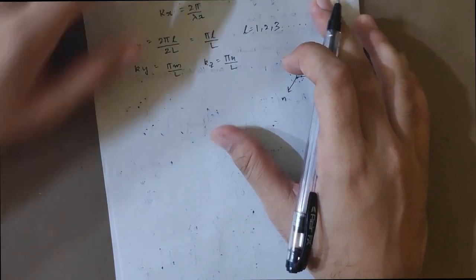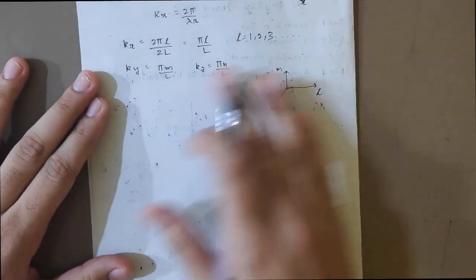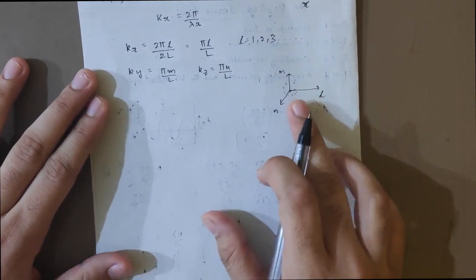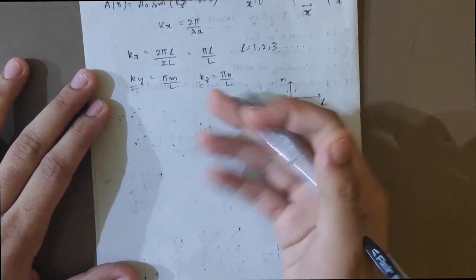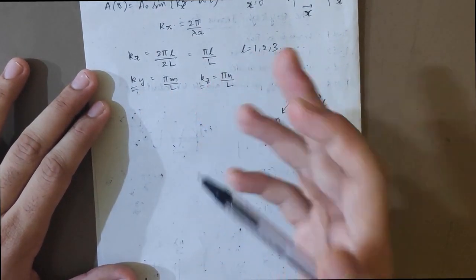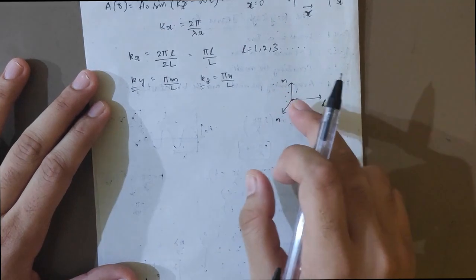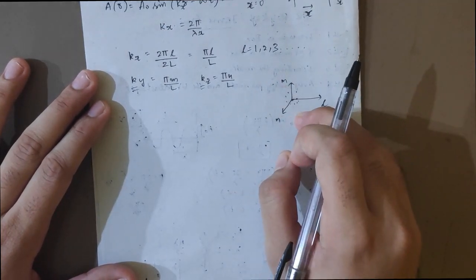Now the waves we are considering can oscillate in all 3 dimensions, but the components of their k vectors or wave vectors kx, ky and kz must be such that they're associated with one of the points in the lattice here, right?